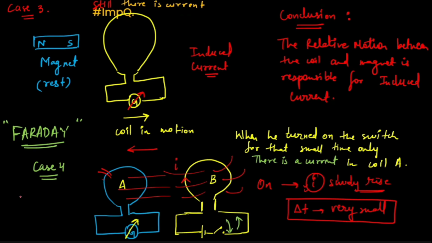It is going to change the magnetic flux of coil A. The number of field lines passing through it during that small duration will get affected. The number of field lines passing through it started rising suddenly, and because of that only there is current.